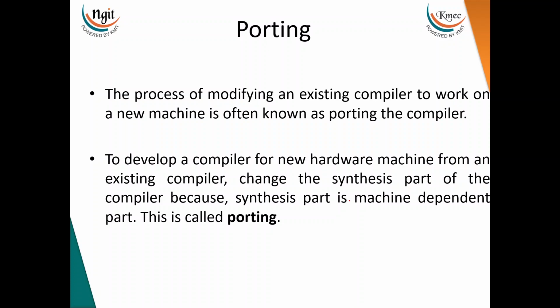Sometimes we should change the compiler code to work on different machines. Assume that we have developed a C compiler with 7 phases: lexical analysis, syntax analysis, up to intermediate code or target code generation. As we have already discussed, lexical analysis to intermediate code generation is machine independent, while target code generation and code optimization are machine dependent.